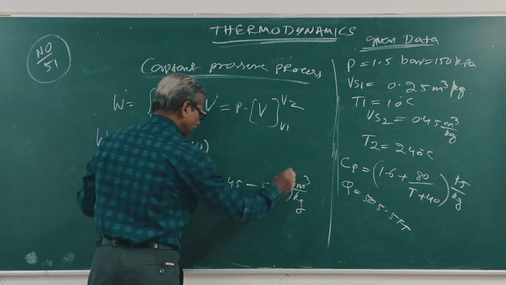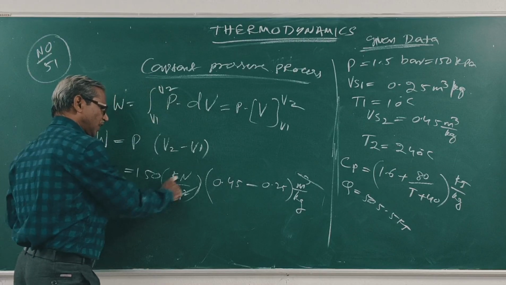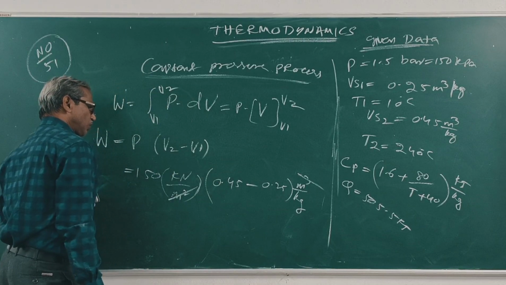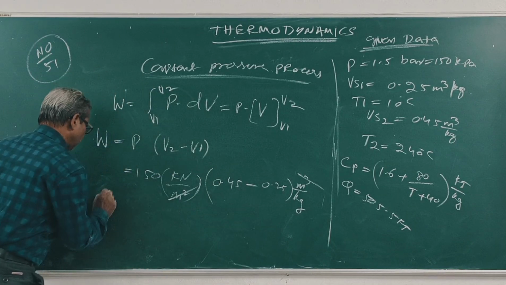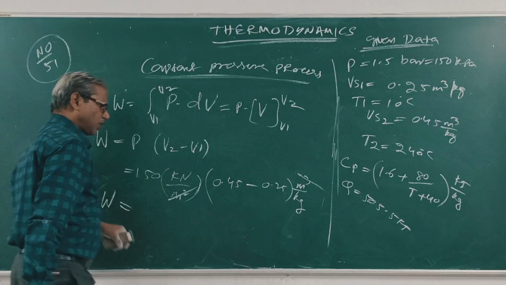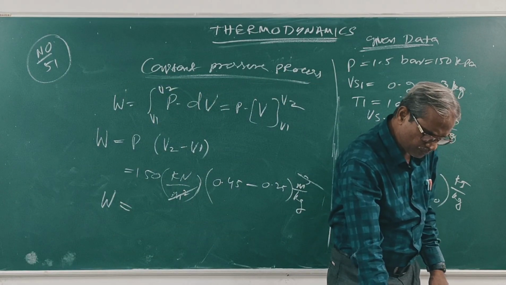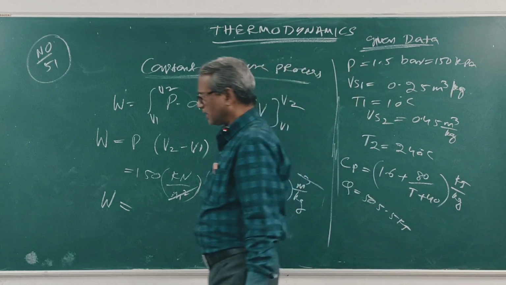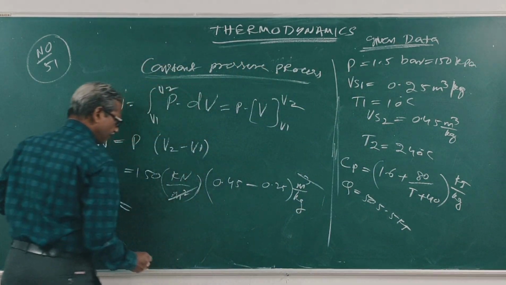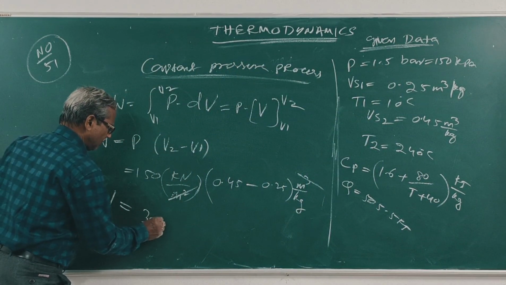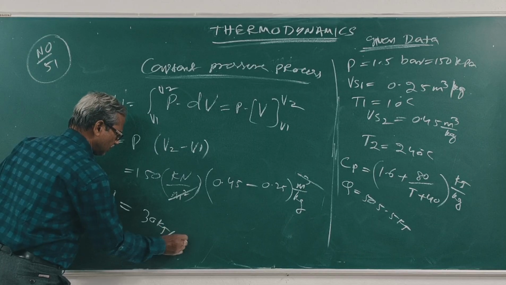This meter square cancels out, only kilonewton meter, which means kilojoule per kg. After solving you will get W is equal to 30 kilojoule per kg. Clear?